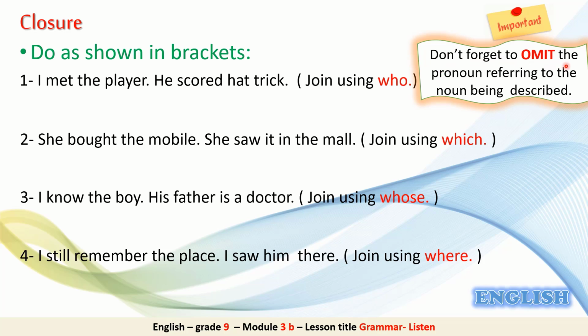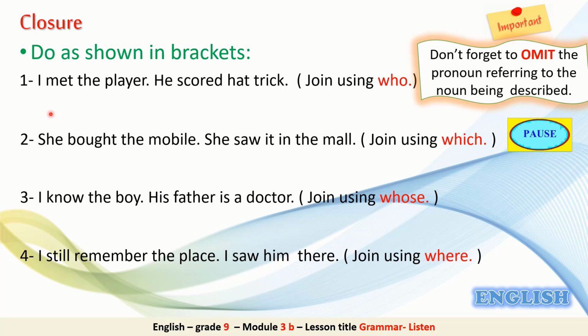It says, don't forget to omit the pronoun referring to the noun being described. In each sentence, we have a pronoun referring or going back to the noun being described. What you are going to do is you should omit this pronoun. Now, could you please pause the video and join these sentences? Go ahead.